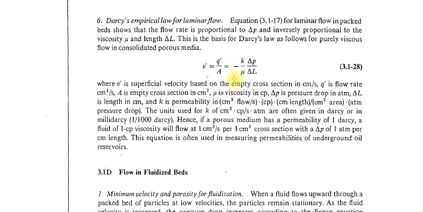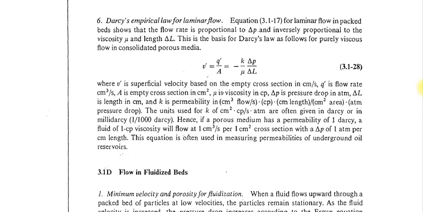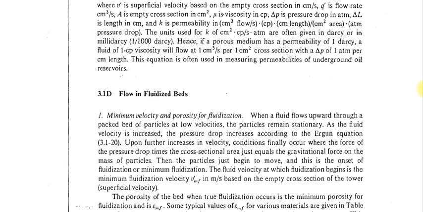Then you can use this formula for calculating the pressure drop across the column. Okay, so this is all about the fixed bed characteristics. In the next class we will start with the flow in fluidized bed.